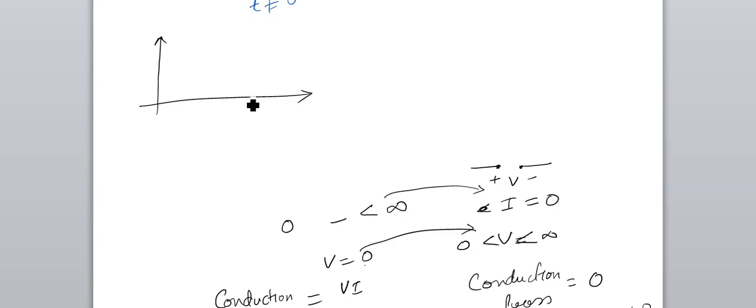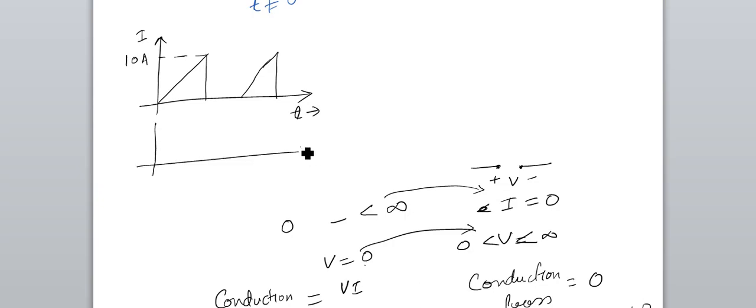Now suppose this is my waveform. This is my 10 ampere current waveform with respect to time, and below it there is a voltage waveform.